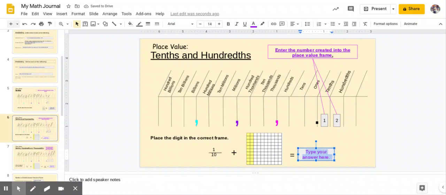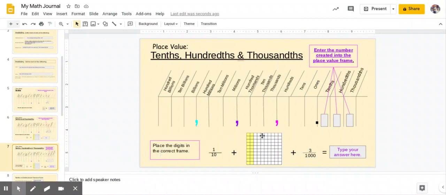So our number is going to be 0 and 12 hundredths. Okay, we're looking at both of the numbers together and we're going to name it whatever this last value is. So 0 and 12 hundredths, or just 12 hundredths.